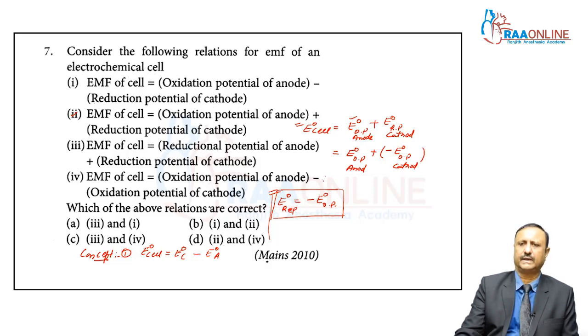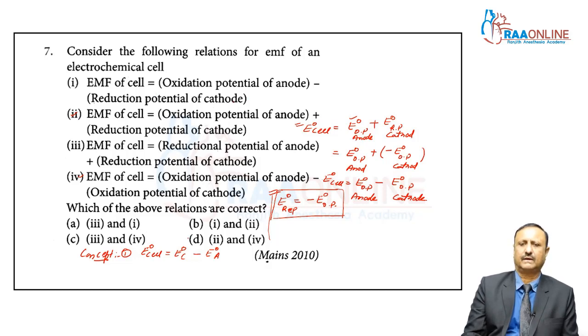So you get E cell equals E naught oxidation potential of anode plus minus minus E naught oxidation potential of cathode. In this way, you can solve. This is also correct. And another option, EMF of the cell as oxidation potential of anode minus reduction potential of cathode, is wrong.